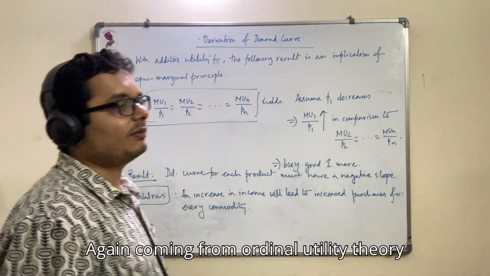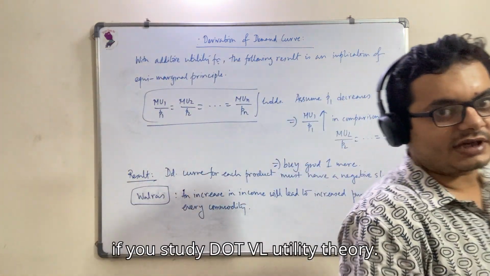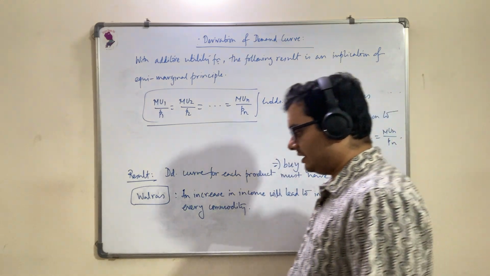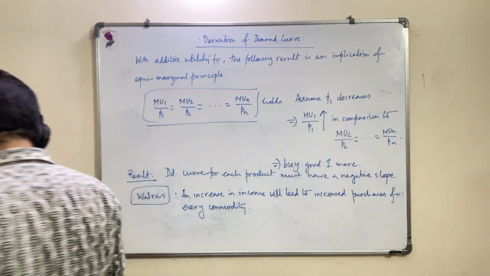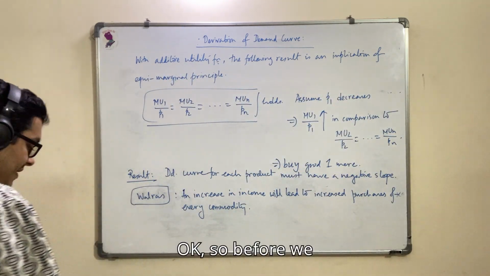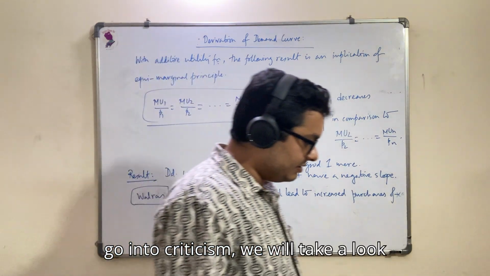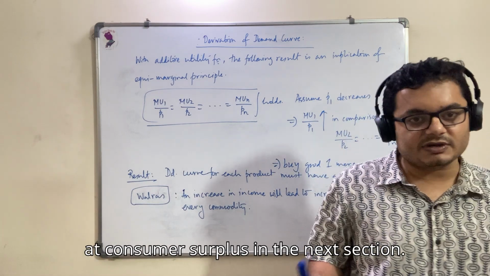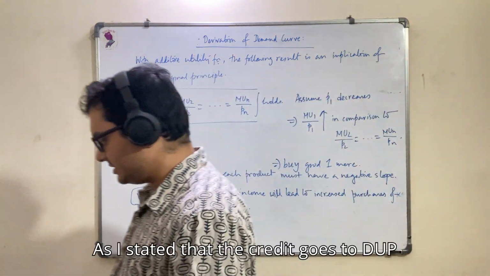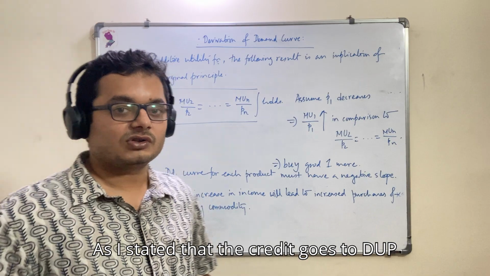Again, coming from ordinal utility theory, if you have studied ordinal utility theory, you know that this is not true at all. Okay, so before we go into criticism, we will take a look at consumer surplus in the next section. As I stated, the credit goes to Dupuit.